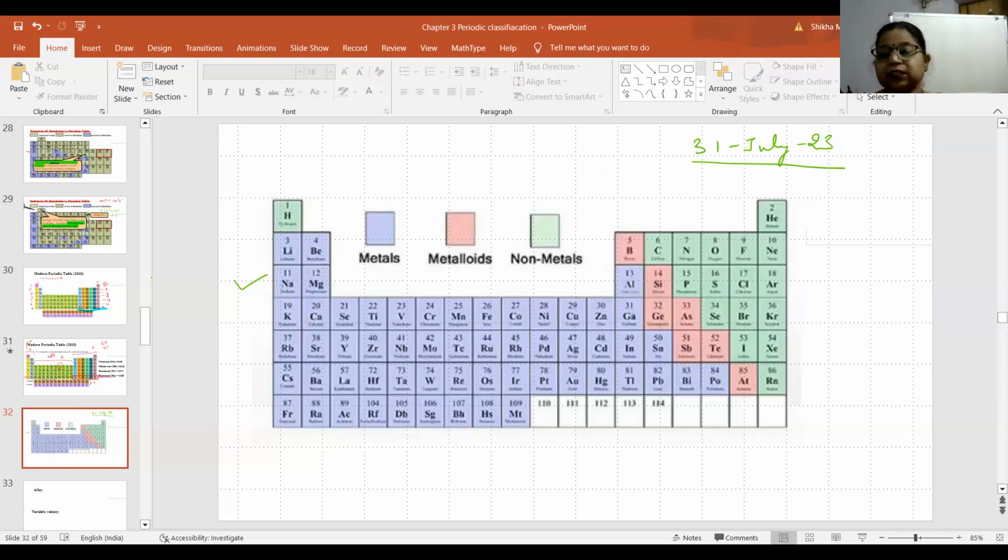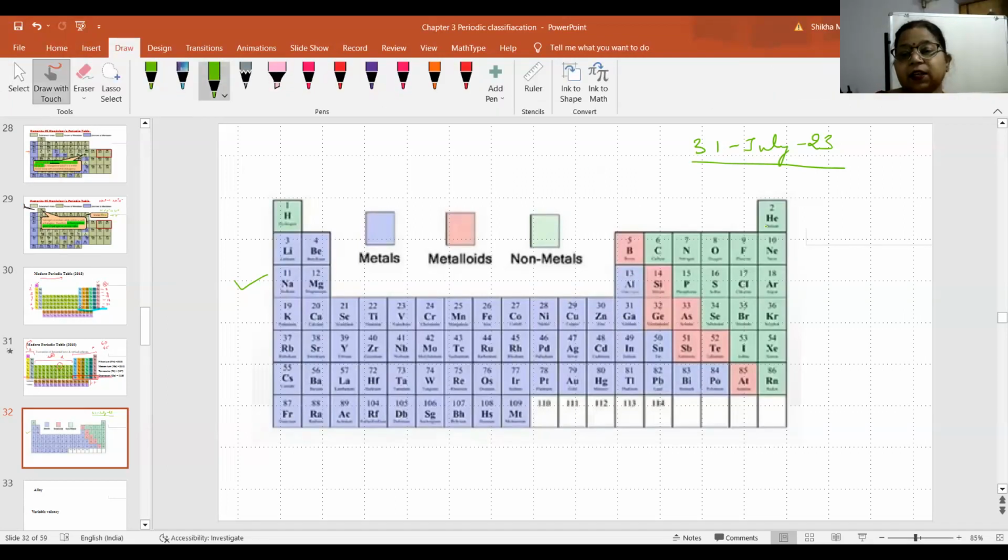Because sodium, as Shweta has correctly said, gives away an electron. Whereas chlorine is placed on the extreme right-hand side. In fact, in the second last column, you can identify chlorine, right? So one is a metal and the other one is a non-metal. Here it is chlorine, right? That makes us believe that metals are placed on the left-hand side and non-metals are placed on the right-hand side.